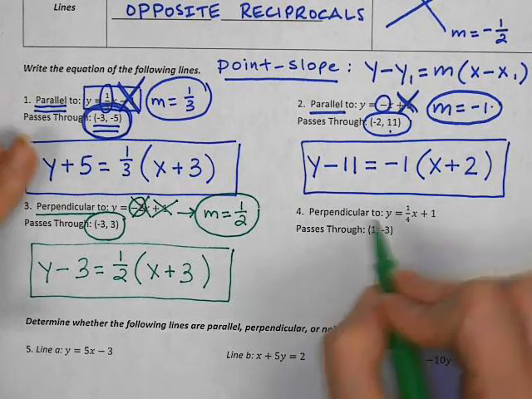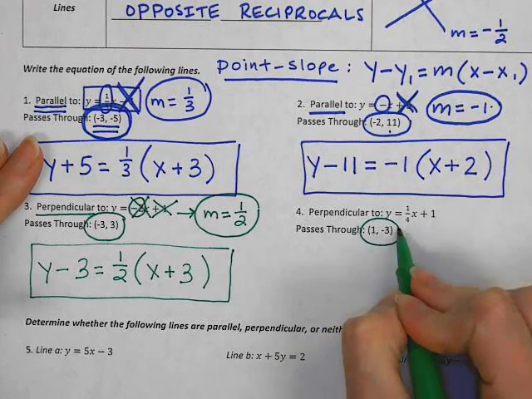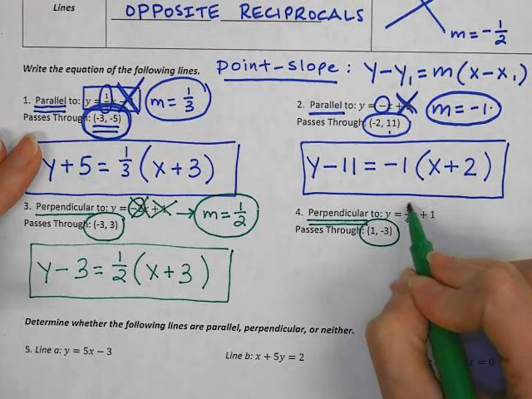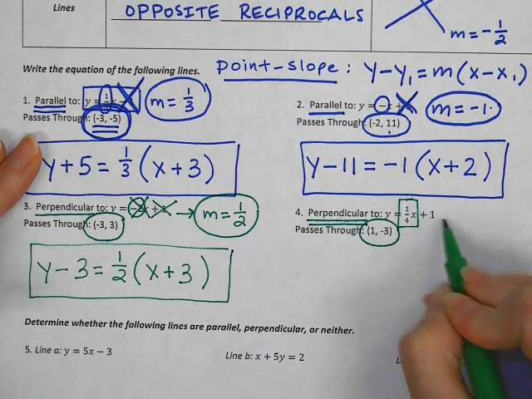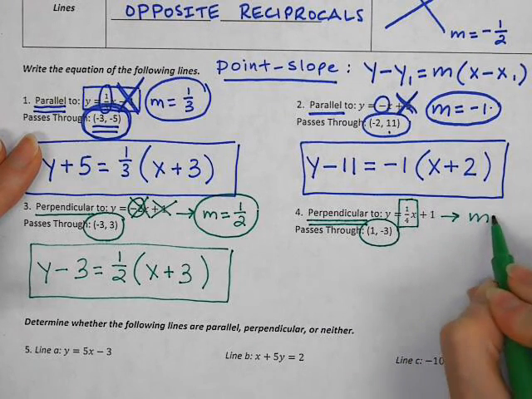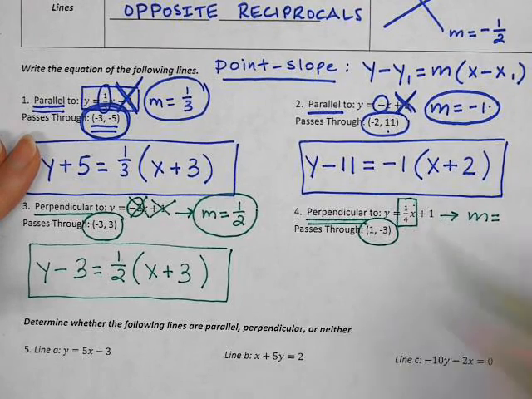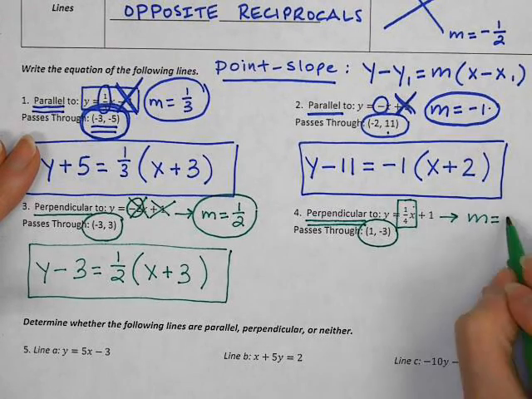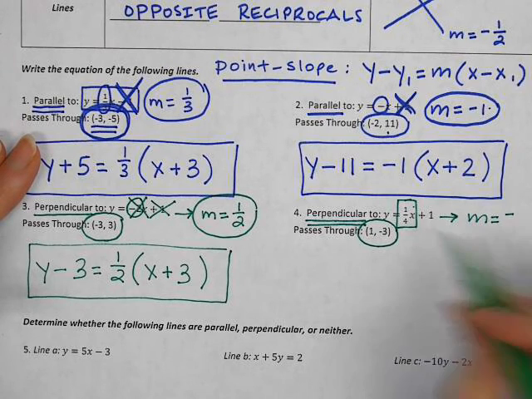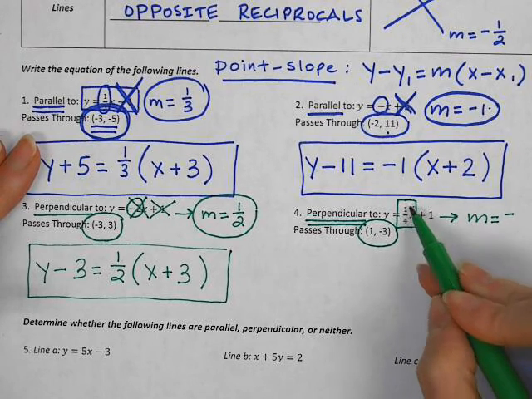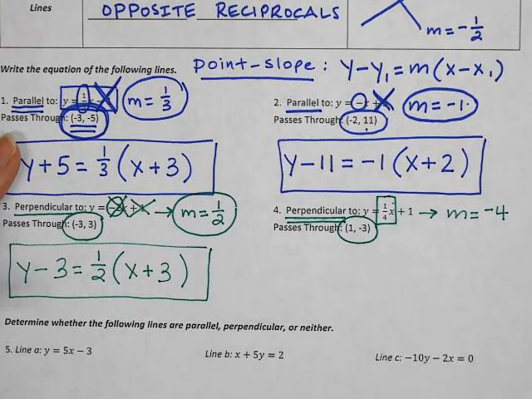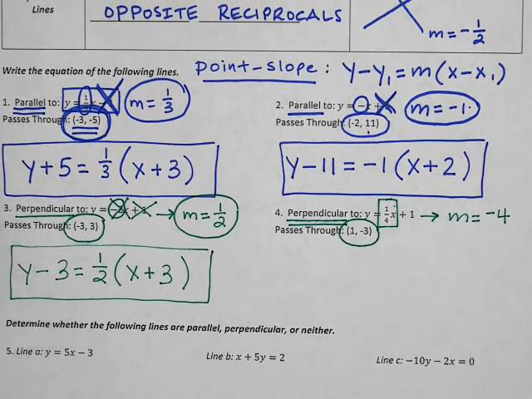All right, number 4, the point is 1, -3. What are we going to use for perpendicular here? If it was 1/4 to begin with, what is the opposite reciprocal of 1/4? So if it's positive 1/4, the opposite would be negative. And if you do the reciprocal flip, instead of 1/4, it'd be 4/1, or just -4.